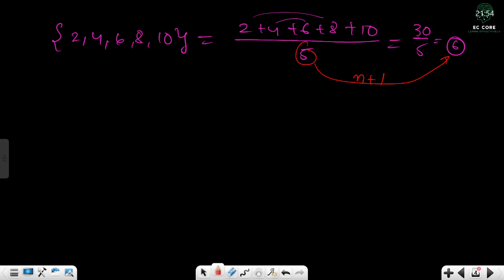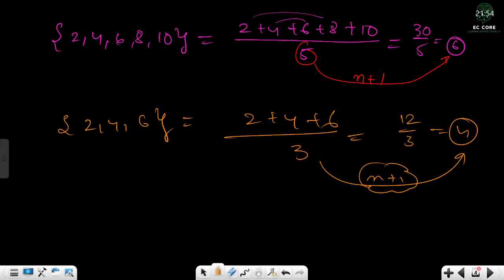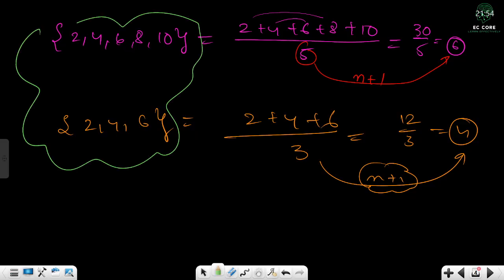Similarly, let us take another example. I am taking 2, 4, 6. Then it will be 2 plus 4 plus 6 by 3, that is 12 by 3, which is equal to 4. So here also I am having n plus 1. When you observe these two series, these are the first n even numbers.